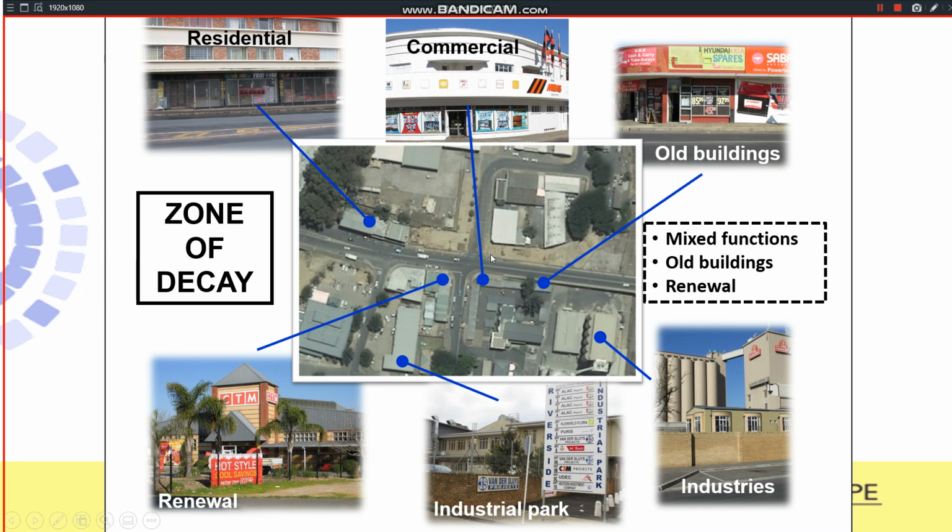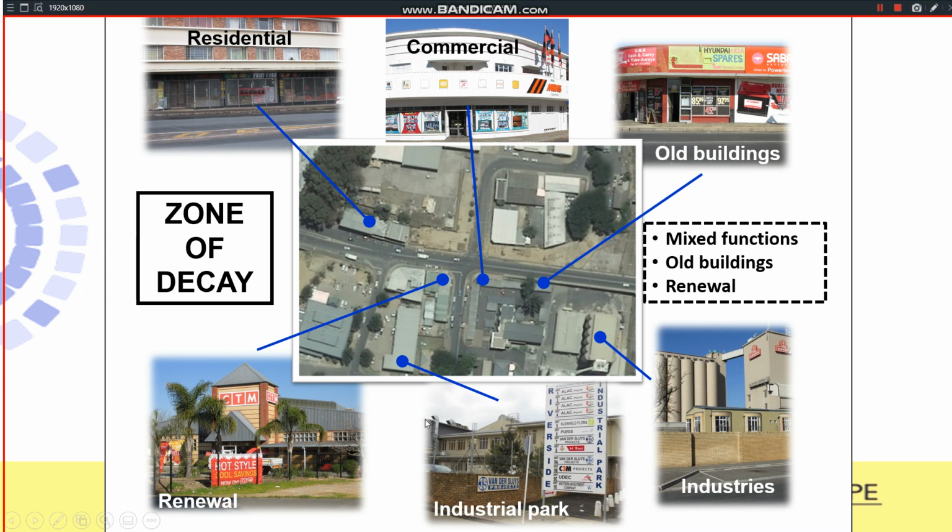Right. So you can see, if you look at a picture here of a typical photo of the land use zones, you can see that the commercial hub, that is where you will find your CBD commercial hub here. You will find older buildings in this area, mixed functions, old buildings, and also buildings that have been renewed. We look at the industries on this part, and you can see it's on the outer part of the CBD.